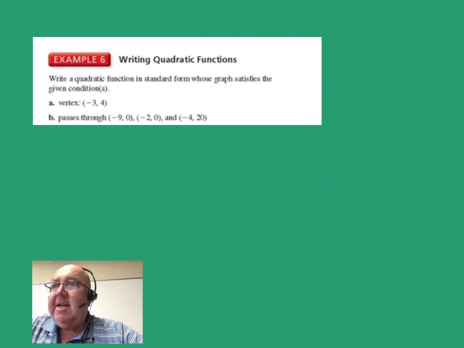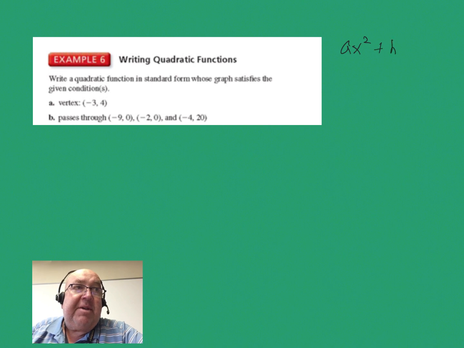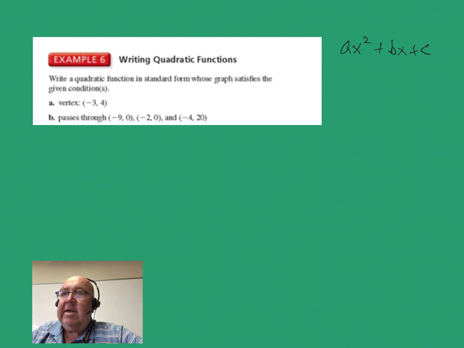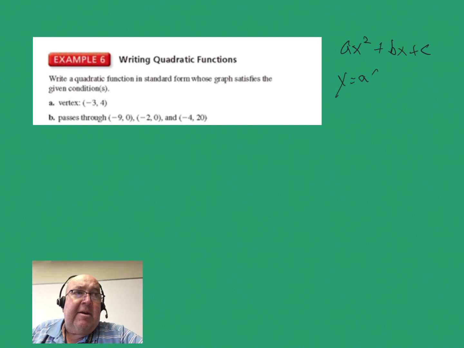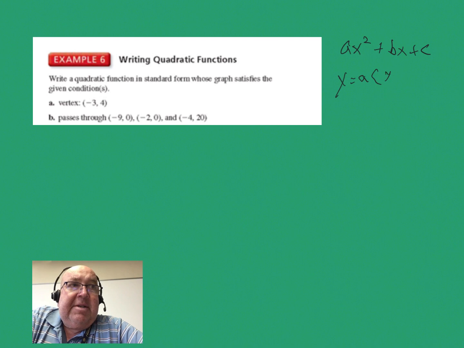Write a quadratic in standard form that has those locations and points. So standard form is ax squared plus bx plus c. Okay, so I know that I have a vertex, so I have y equals a times x plus 3 squared plus 4.